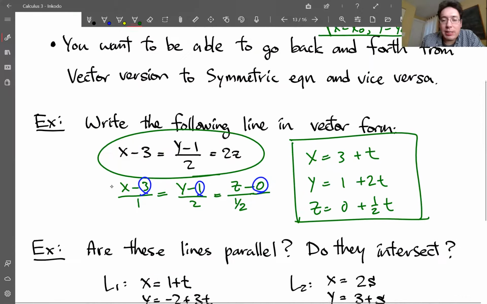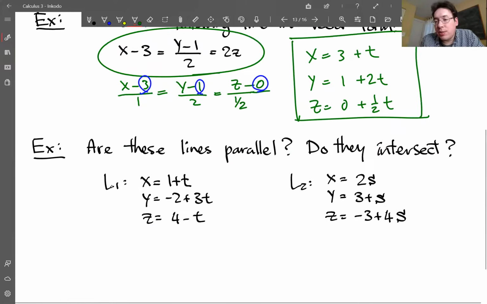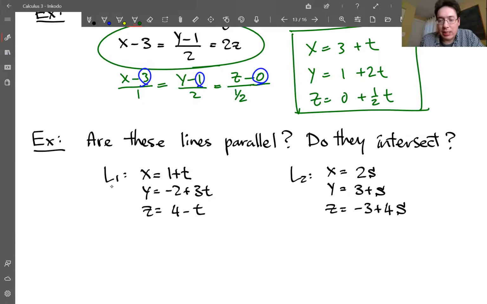All right. So let's do some 3D geometry with lines. Let's say I'm given two equations of lines. The first line is called L1 and the second line is called L2, and they're both given in parametric form.